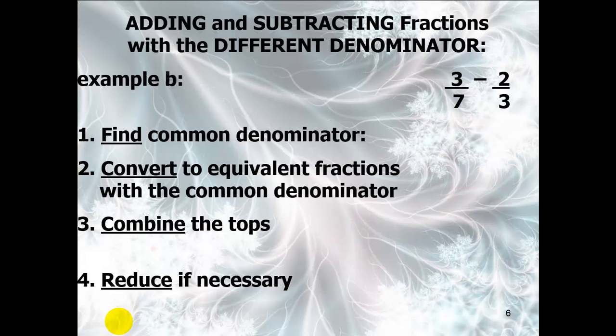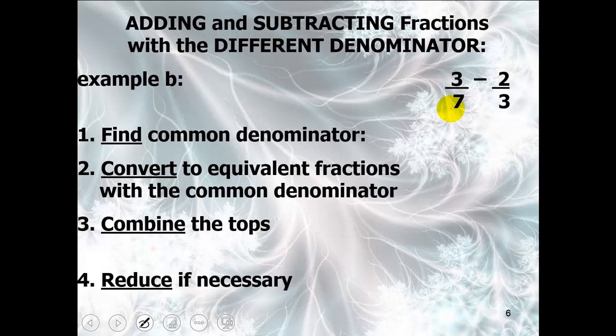All right, let's keep going. Let's try one that has the operation of subtraction. Okay? Again, I have different denominators, so I have to find a common denominator. So I always ask myself first, does 3 go evenly into 7? No. So 7 can't be my common denominator. So now I have to look for multiples of 7 that are common to 3.